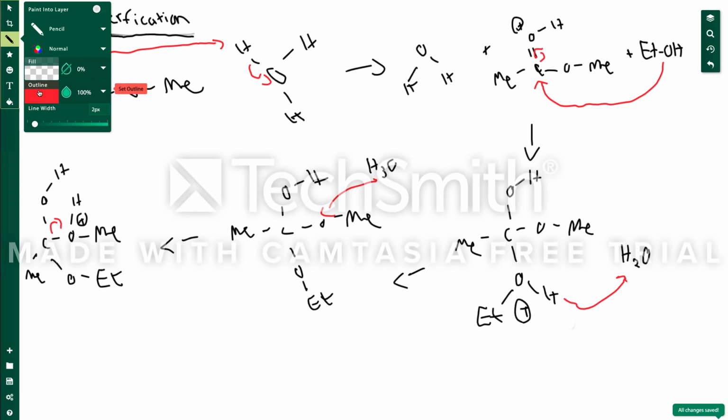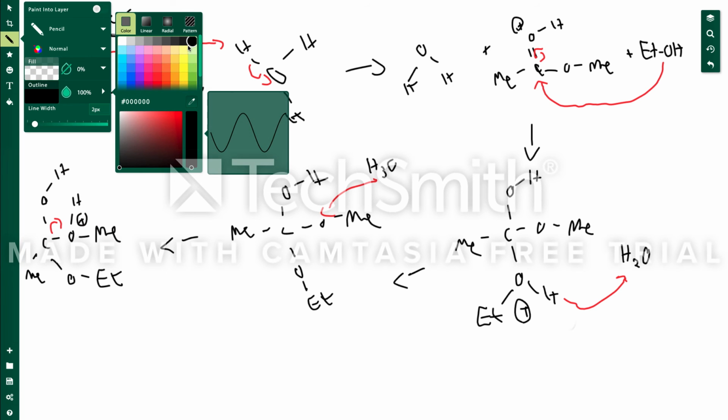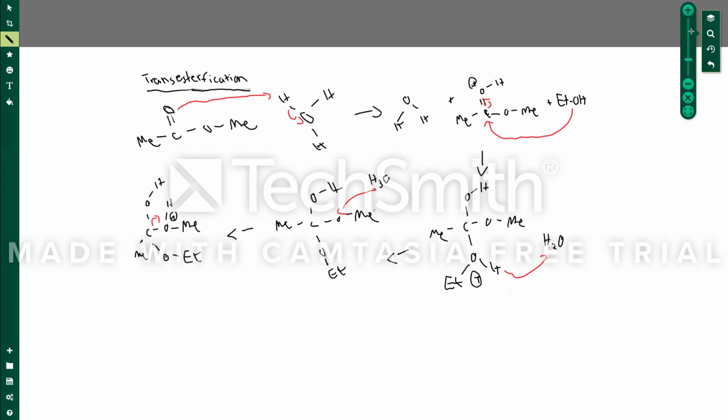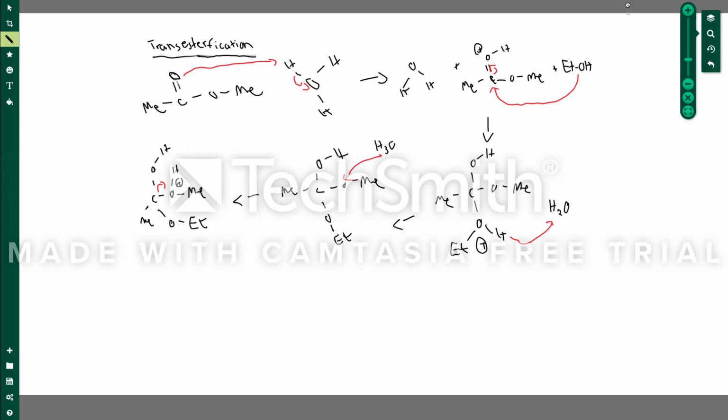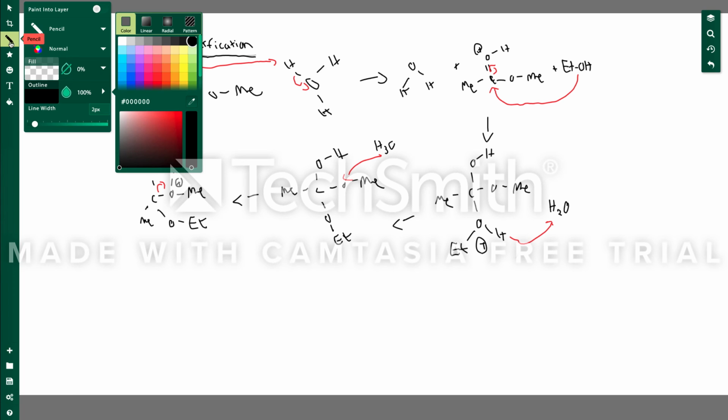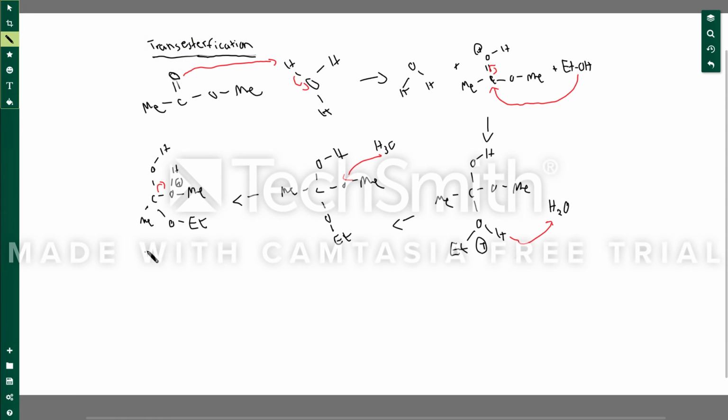It doesn't like being here, and now we've shuffled our protons around enough that everyone has had the proton, and so now it's just O, H, C, O, E, T. So the new R group, OR group.